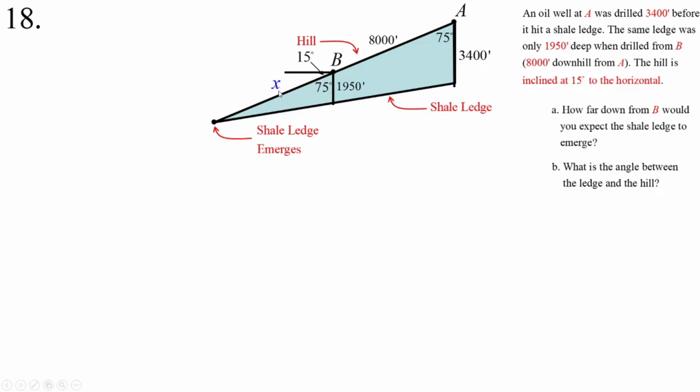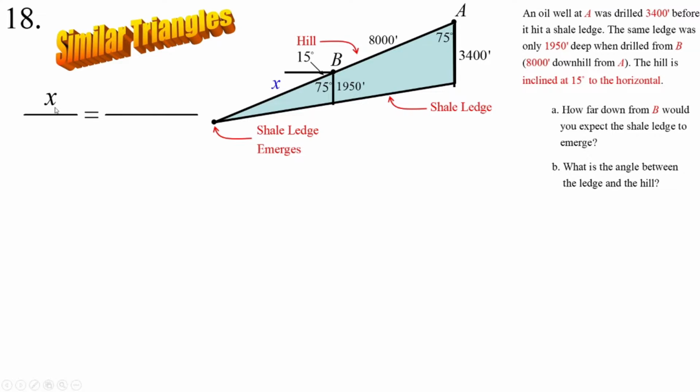So we can solve for this x using geometry in a simple proportion. So I'm going to set up similar triangles, this proportion right here where I'm solving for x. I'm going to go x over this leg of the smaller triangle, 1,950, would have to equal, now take that same dimension of the larger triangle that's similar to the smaller triangle.